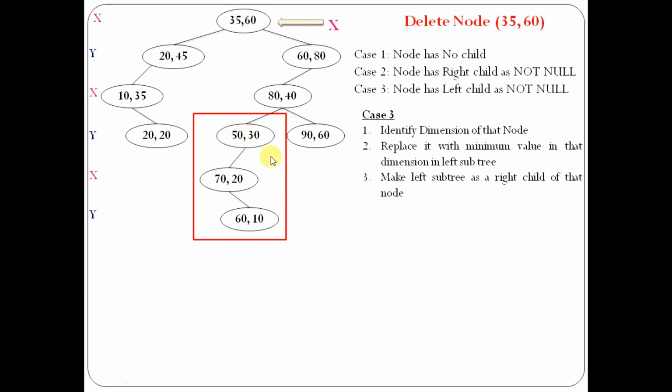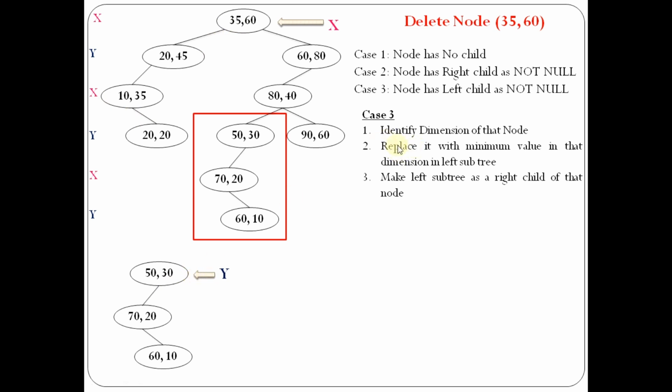Here the right child is null, so it does not belong to case 2 either. So the last case is case 3. What does case 3 say? Case 3 says first identify the dimension of the node to be deleted. We want to delete (50, 30) and replace it with a suitable node. The node (50, 30) is placed in the y dimension.